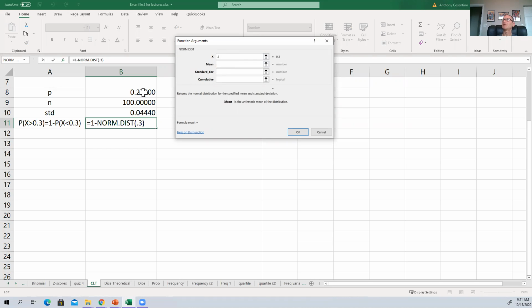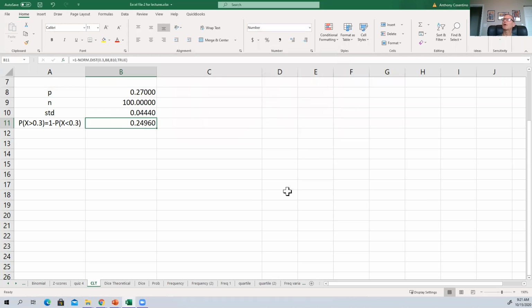This would be the mean, which you can just click on and it brings it right over. And then the standard deviation, you can just click on that cell as well. And then you would hit true. When you do that calculation, 1 minus that would be just under 25%.